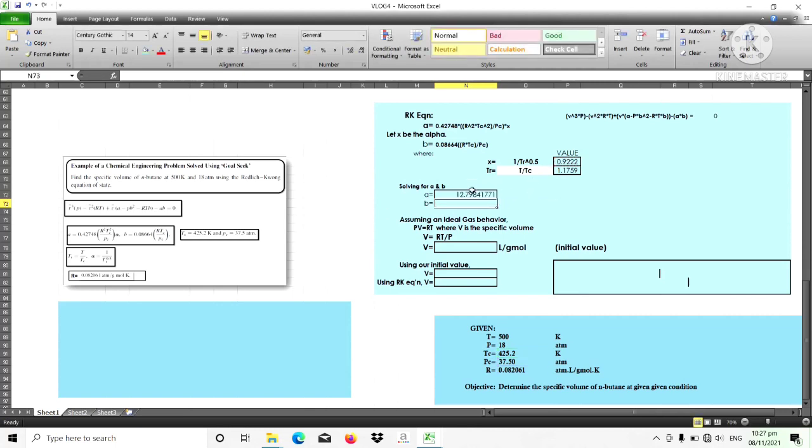So we have the value of A, which is 12.79841771.